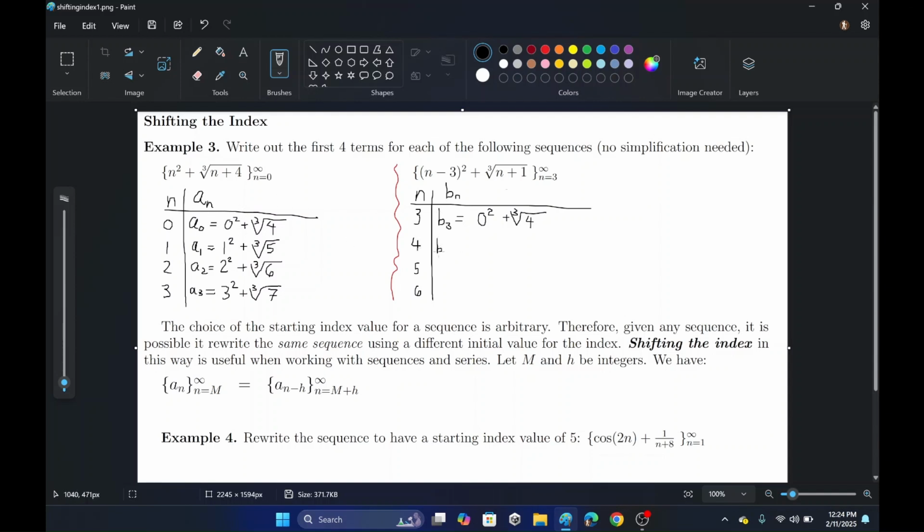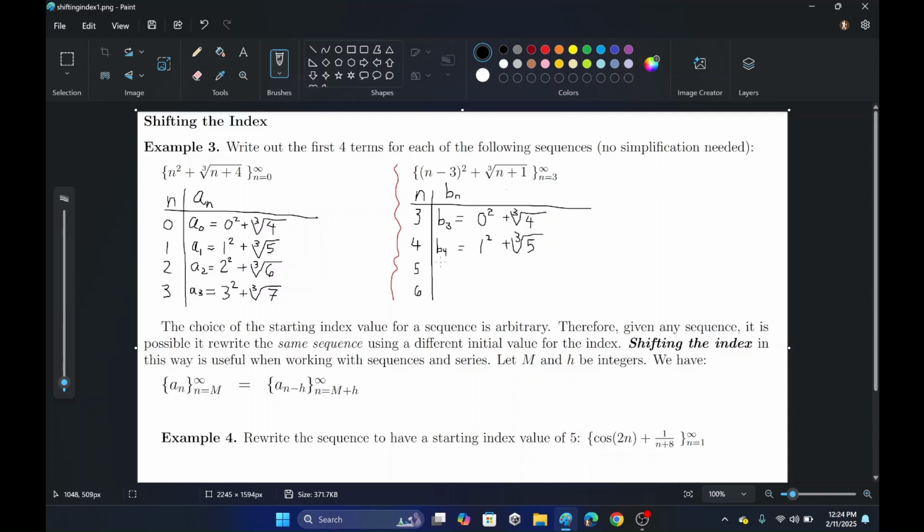That should look very familiar. And when we plug in 4, see what happens. Well, 4 minus 3 is 1, so 1 squared plus the cube root of, under the radical, we have 4 plus 1, so that's 5. Yes, we're getting the same terms as we had in the other sequence, the one that I called a_n.